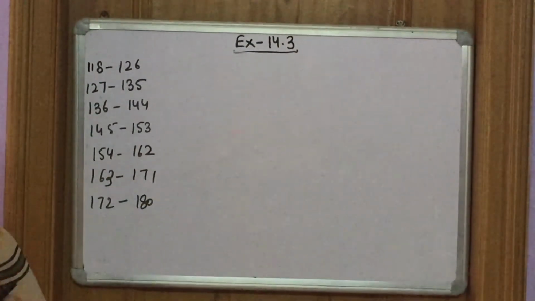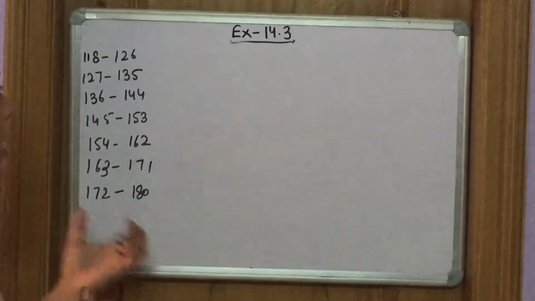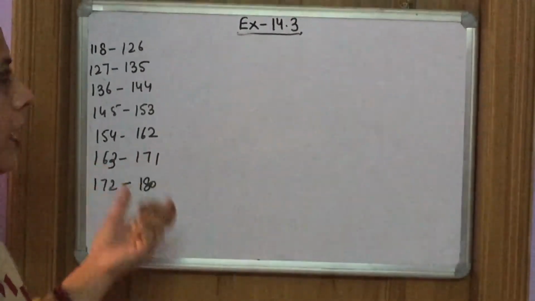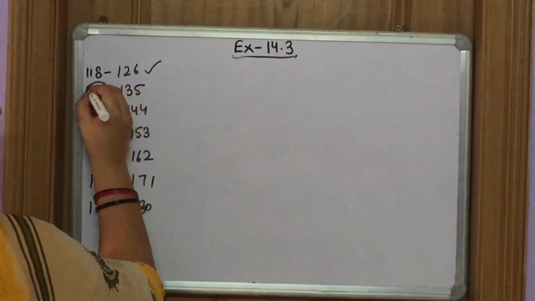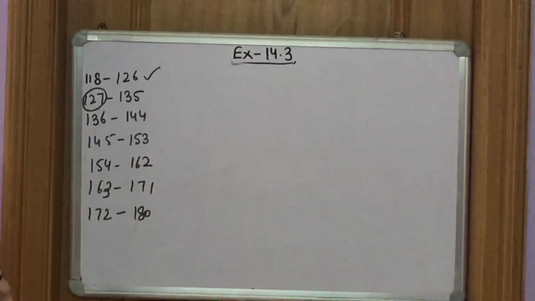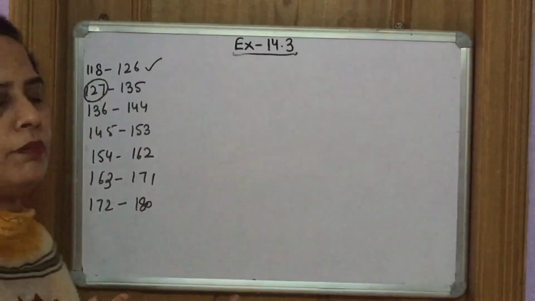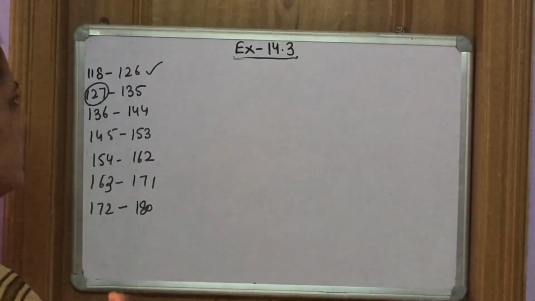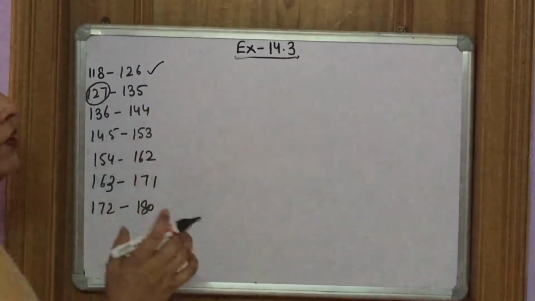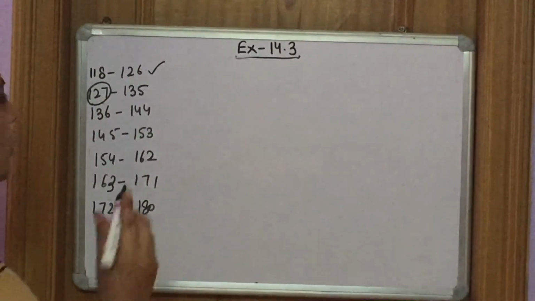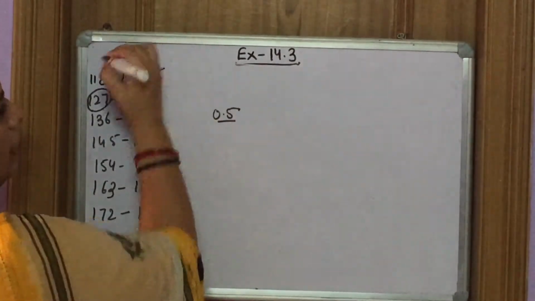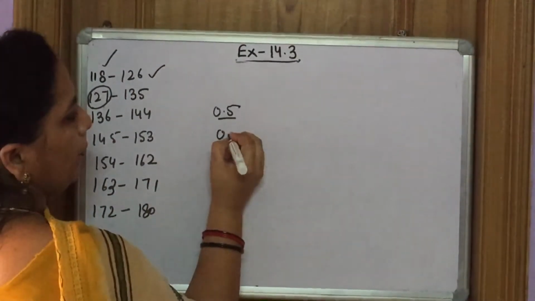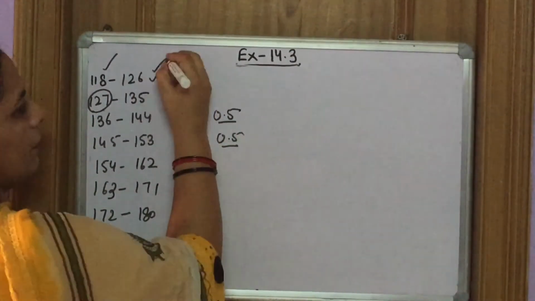Before starting our question, first of all check in the class interval whether the upper limit and the next lower limit are the same or not. If these are not the same, try to make these terms the same. For this purpose, what will we do? Subtract 0.5 from the lower limit and add 0.5 to the upper limit.